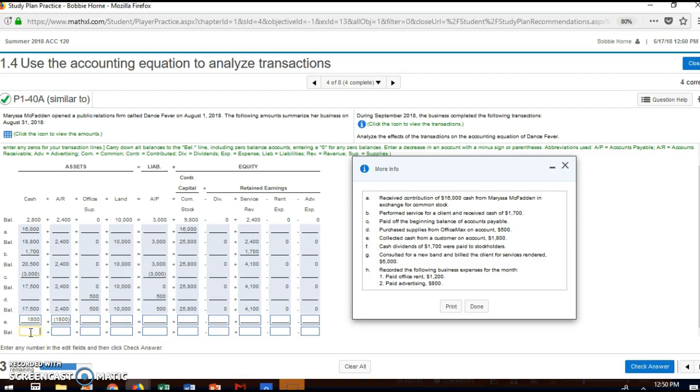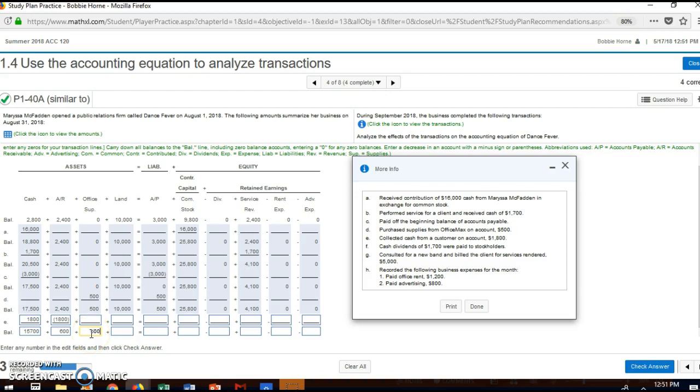15 minus 8 is 7, and 6 minus 1 is 5, so 15,700. Make sure that you put the parentheses around that. Let's see what I did wrong here. 15 minus 8 is 7, 6 minus 1 is 5. Okay, that's right.